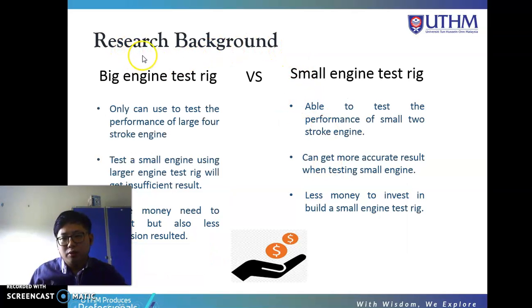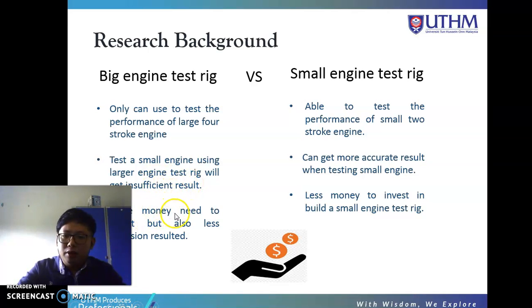Also in the research background, the difference between a big engine test rig and a small engine test rig. A big engine test rig can only be used to test the performance of large 4-stroke engines. Testing a small engine using a larger engine test rig will get insufficient results.